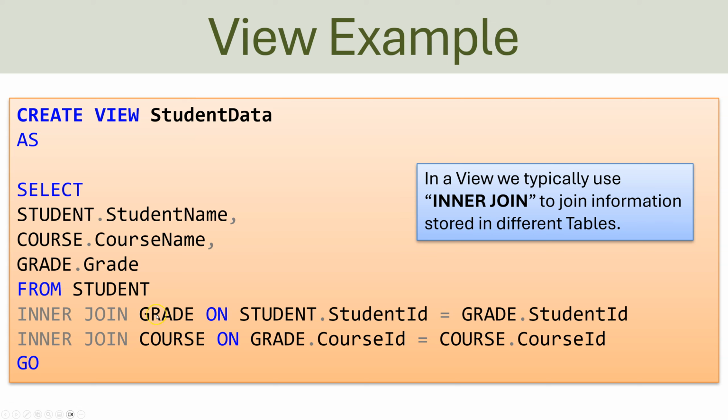Since these tables are joined together with the primary keys and foreign keys, we can use this inner join in order to join these 3 tables together like this.